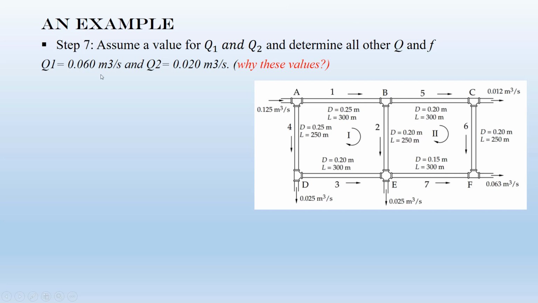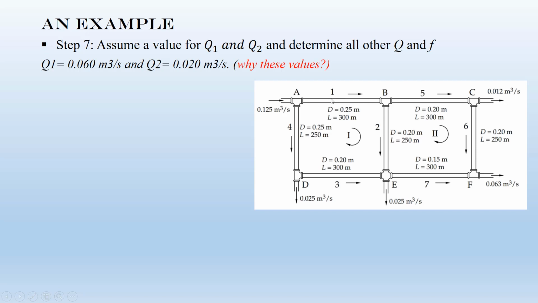Here, I started from 0.06 for Q1. Why? Look, guys, the inlet volumetric flow rate is known. It's 0.125 cubic meter per second. Then based on the diameter for pipe 1 and 4, you can make a decision for a reasonable volumetric flow rate in pipe 1.